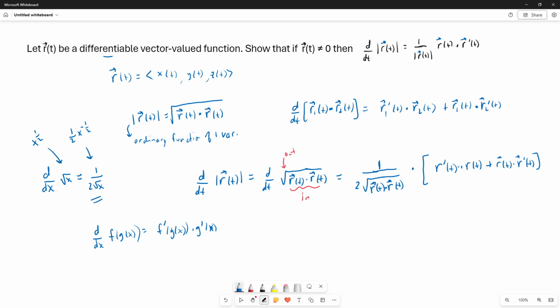These are all vector valued functions. And we have a dot product here, and that makes scalars. Now, the dot product is commutative. So r prime dot r is the same as r dot r prime. So we could write the quantity in the brackets as 2 times r dot r prime.